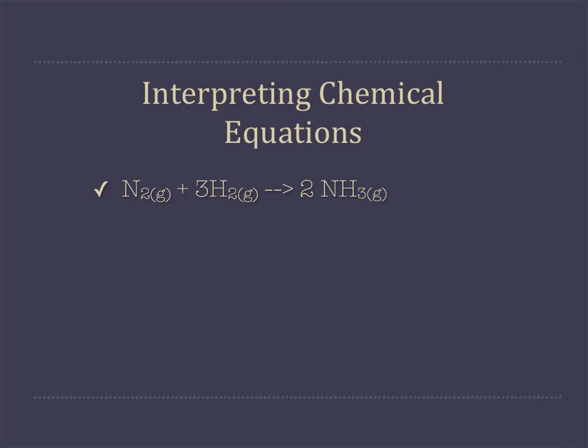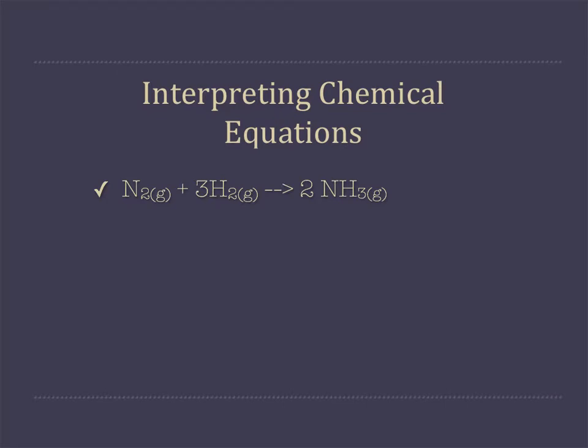We've got a balanced chemical equation: N2, nitrogen gas, plus 3 H2, hydrogen gas, yields 2 NH3 gas, ammonia. And there are a number of things that we can look at and think about in this particular equation.